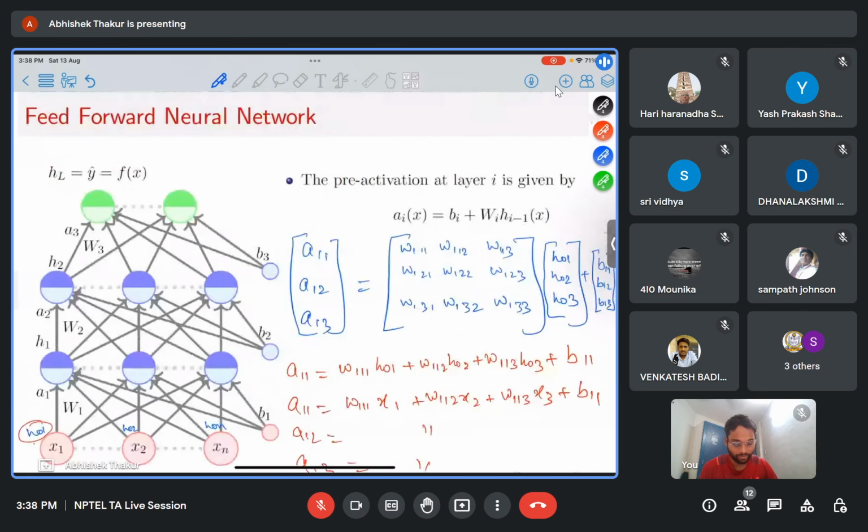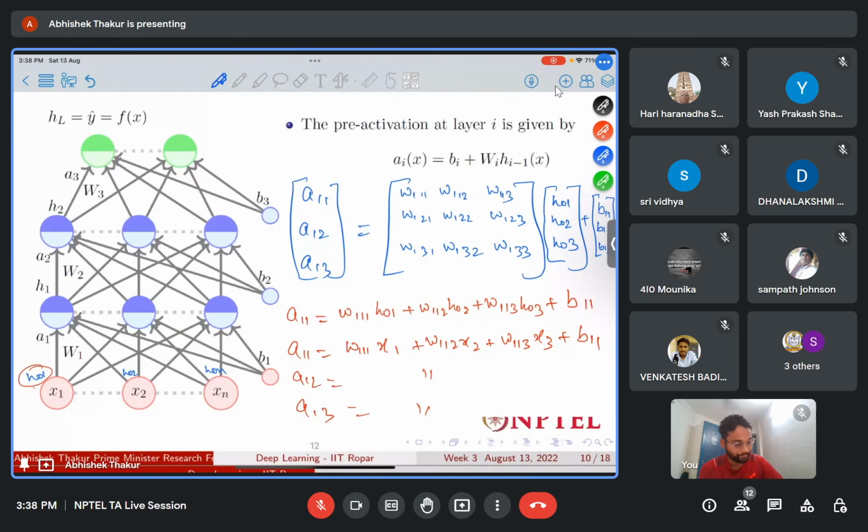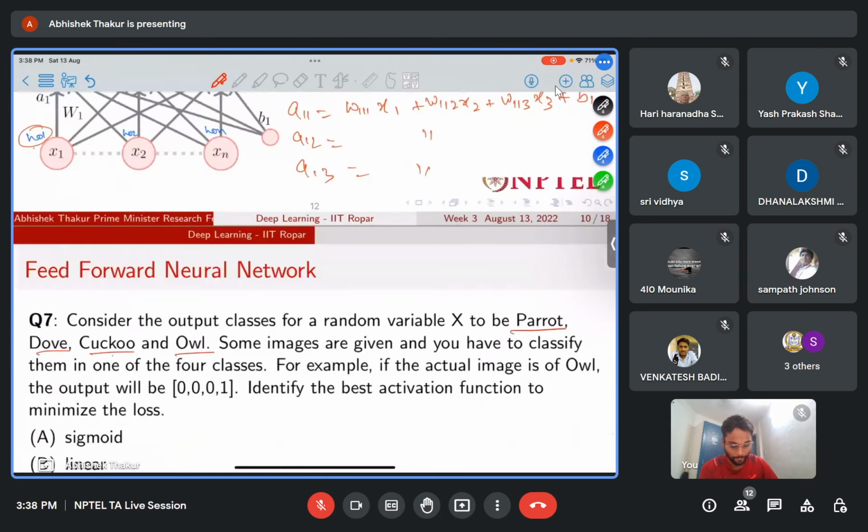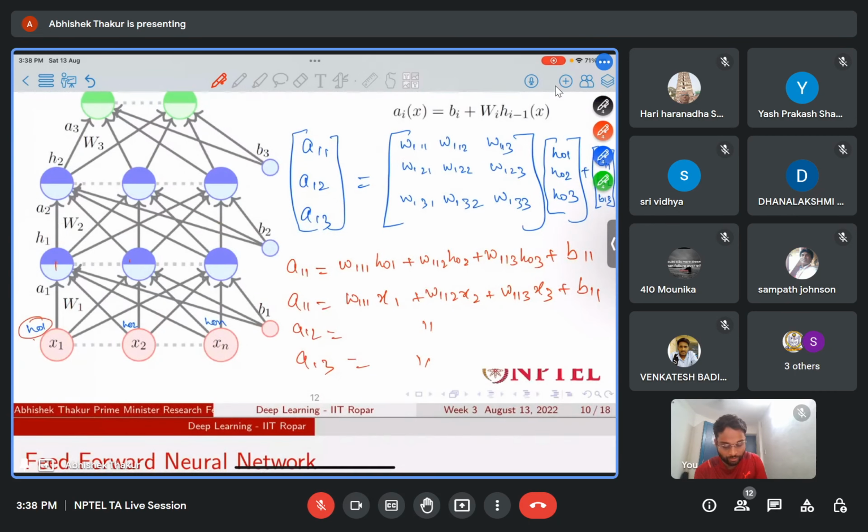Let's see the feed forward neural network diagram. Here you can see the given number of neurons, that is x. Let's suppose this is 1, 2, up to x neurons. So B1 will be B11, B12, up to B1x. So the dimension will be x.